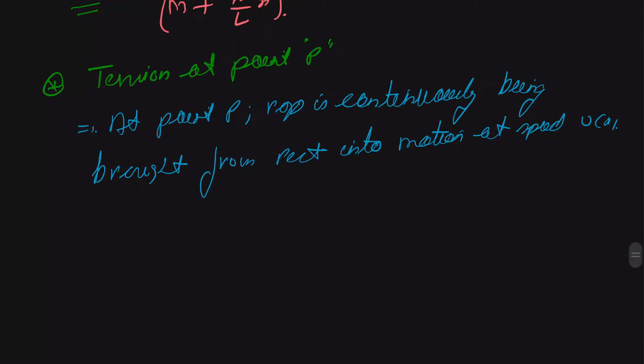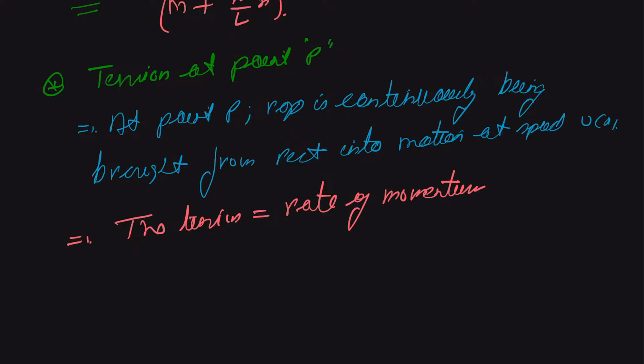Therefore, we can write the tension equals the rate of momentum transfer to the newly moving rope. So it is the tension that will be forcing the rope to move.